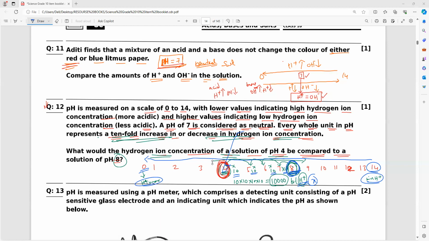A solution of pH 8 would have 10,000 times lower concentration of hydrogen ions compared to a solution of pH 4. Write lower, not lesser. Clear, everybody?